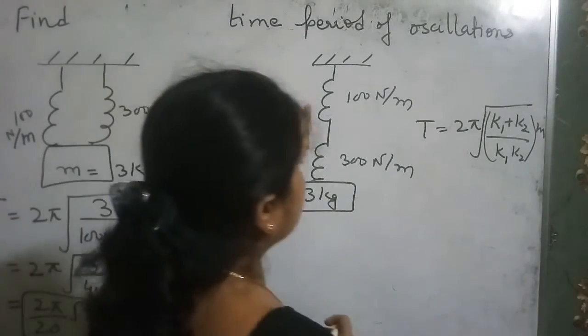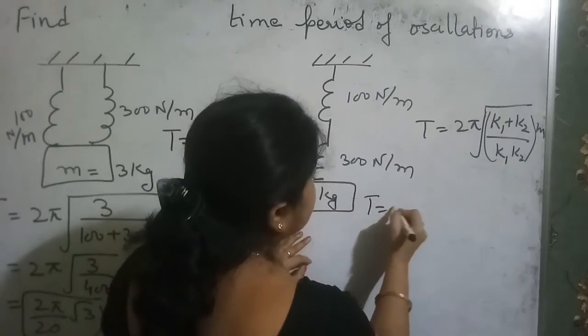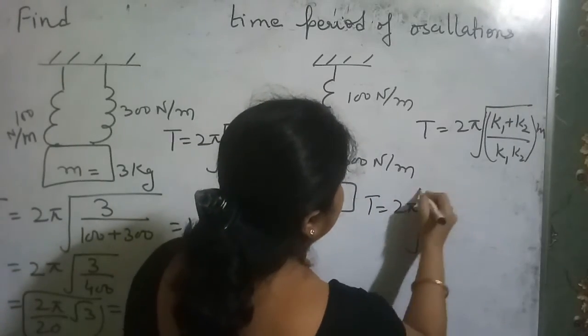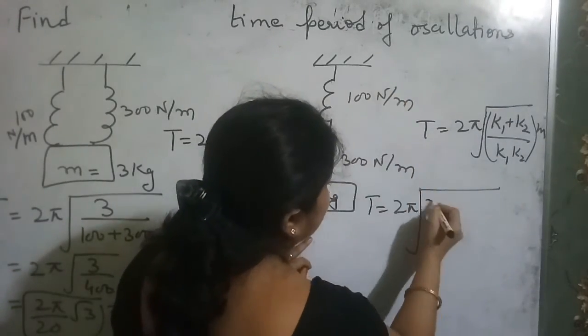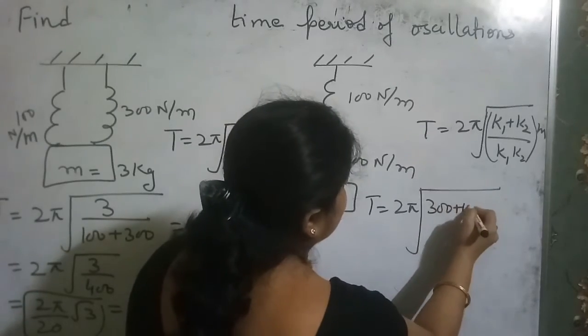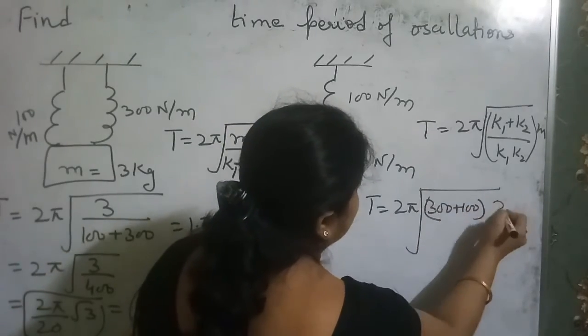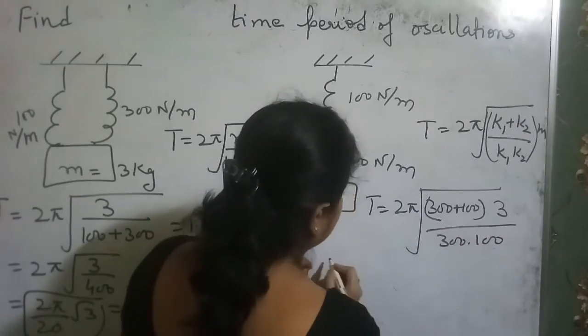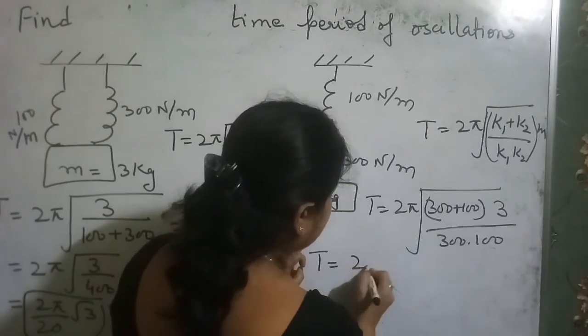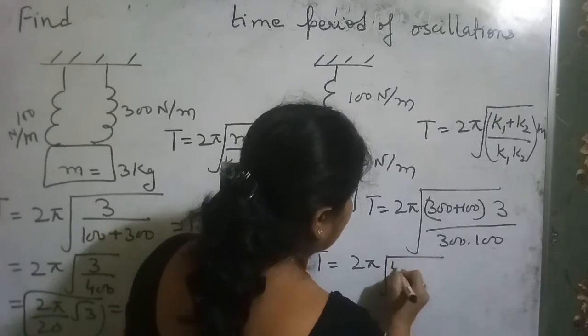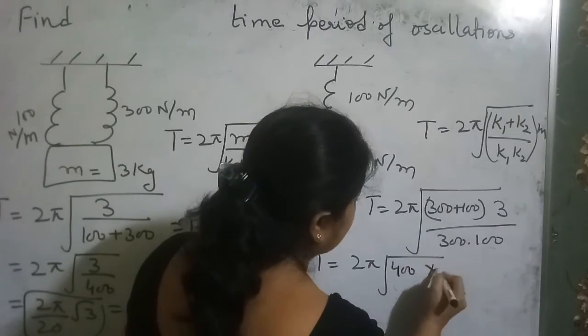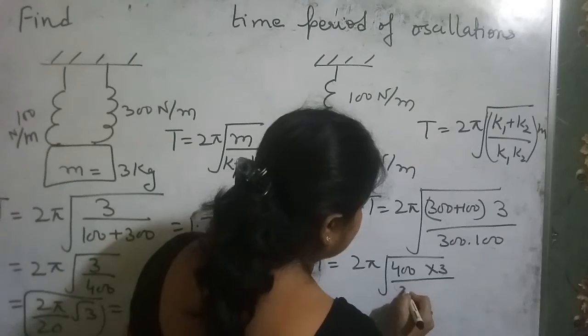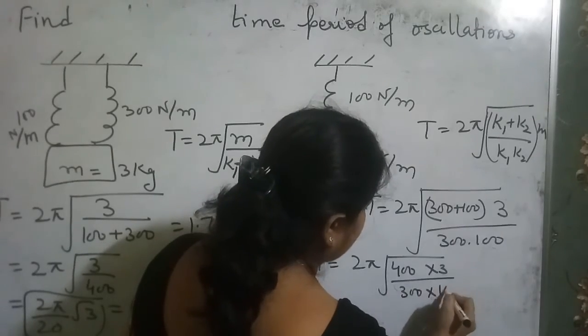Now similarly here time period is 2 pi. Firstly we add both of them, 300 plus 100, into m, that is 3, over 300 into 100. So we get time period 2 pi under root 400 into 3 over 300 into 100.